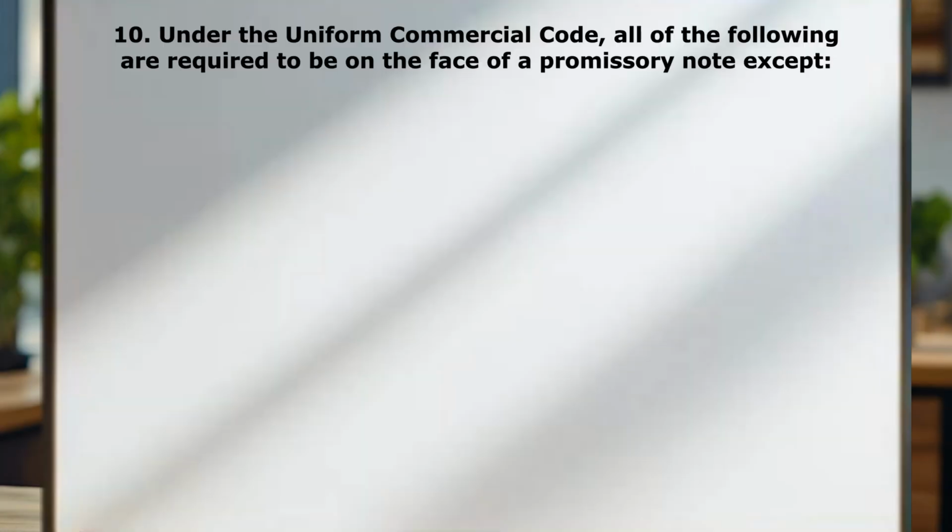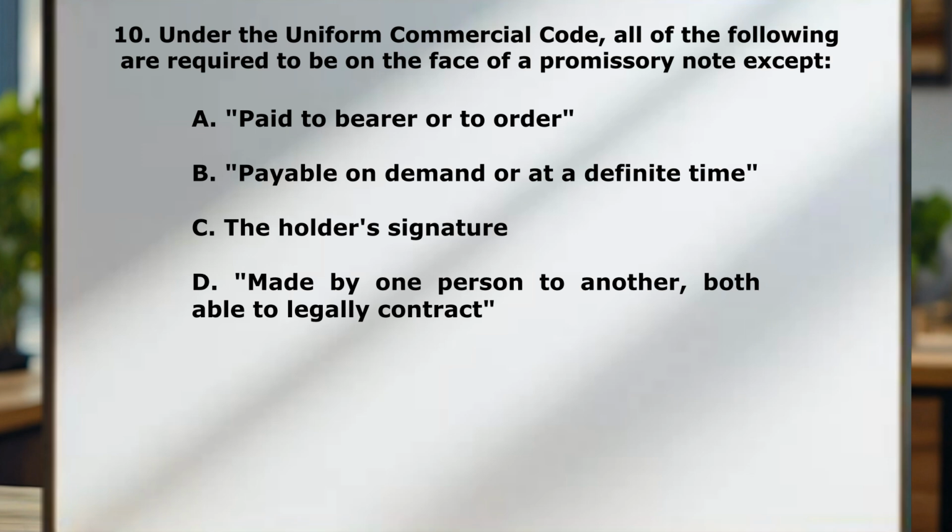Question number 10. We're here at the end. Under the Uniform Commercial Code, also known as the UCC, all of the following are required to be on the face of a promissory note except, notice that except in there, A, paid to bearer or to order. B, payable on demand or at a definite time.